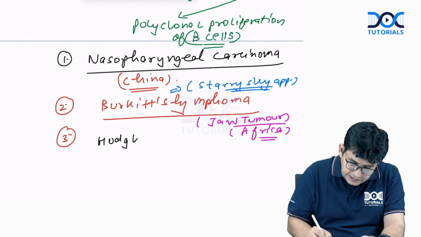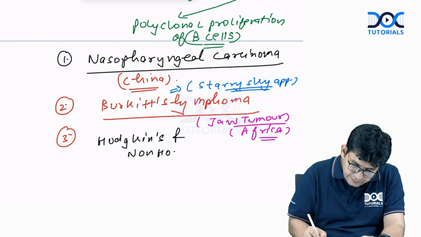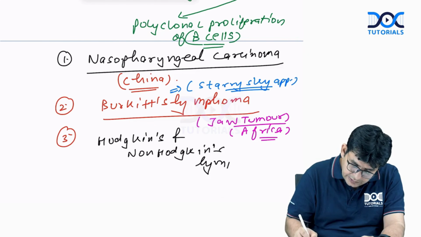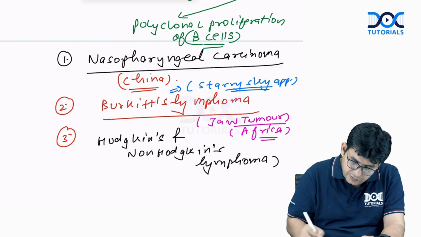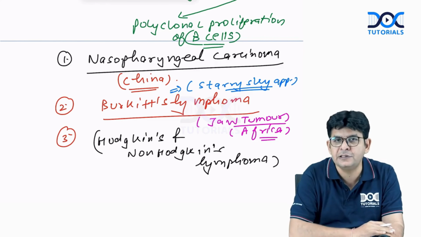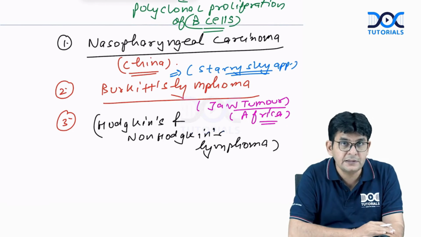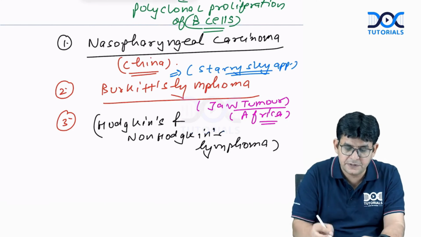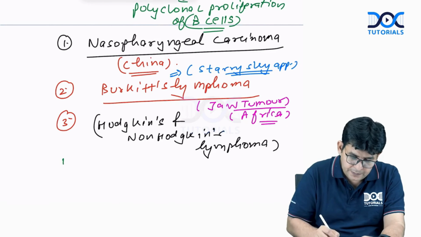Then you have Hodgkin's and non-Hodgkin's lymphoma, HL and NHL. These two lymphomas can also be caused by this Epstein-Barr virus.